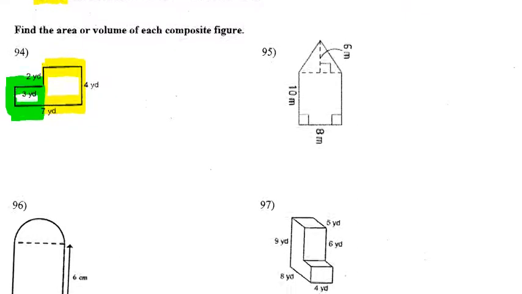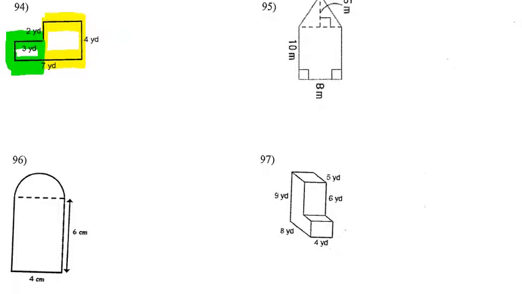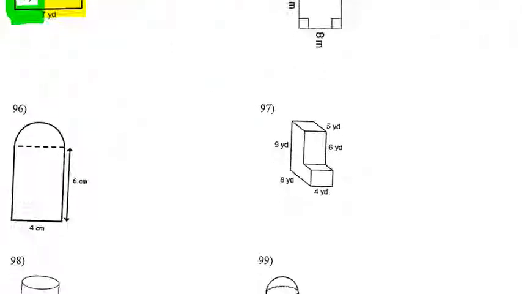We're going to do problem number 96 together. Number 96 is a rather complicated problem, and there's a couple steps that I'd like to cover with it. So I'm going to look at 96 and figure out what two shapes I can divide 96 into. Right away I notice that this bottom shape, if I connect that line right there, is a rectangle.